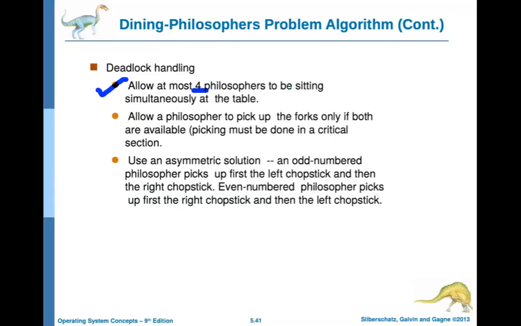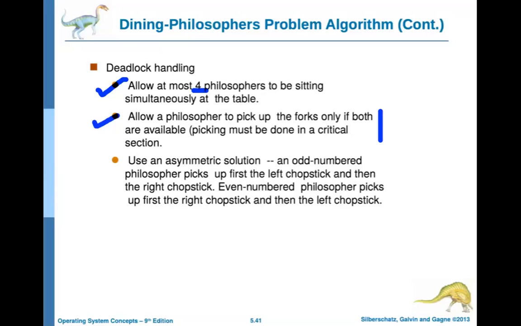Or allow the philosopher to pick up the fork only if both are available. That means whenever I want to pick up the chopsticks, that has to be done in the critical section. So if both are available, then I'll pick up on left and right hand. Otherwise, I'll simply release it.